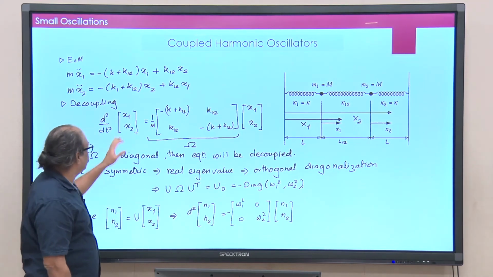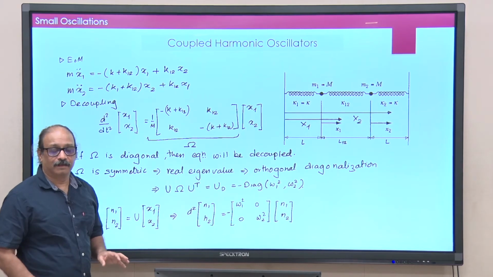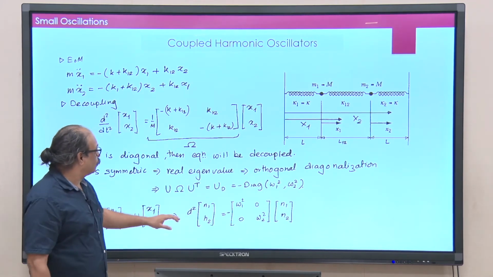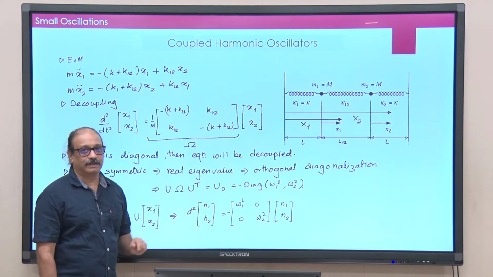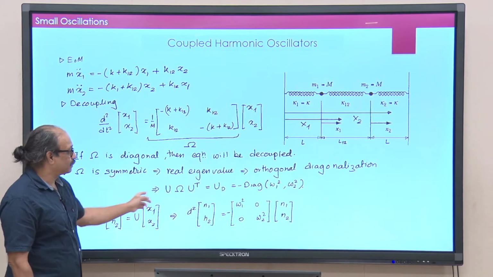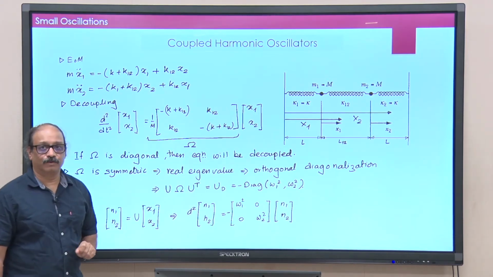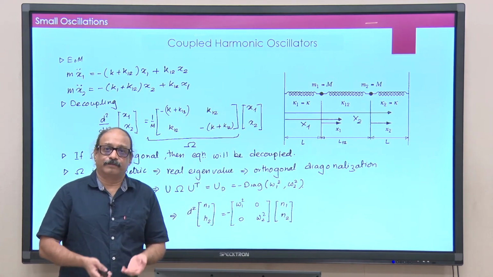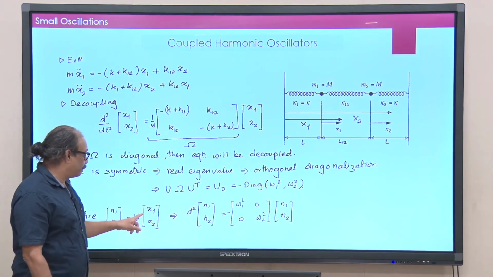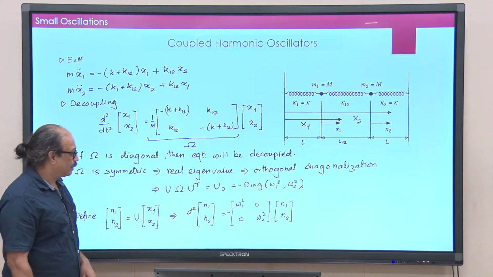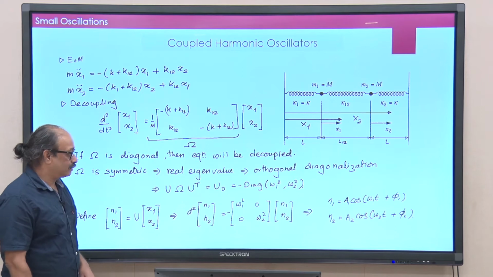So, this is basically a method of decoupling the linear system, okay, and that we can do because this omega matrix here is a symmetric matrix, and because it is a symmetric matrix I can diagonalize, I can get this U matrix, and U matrix can be used to compute the new variables there, and these new variables are called normal coordinates, okay.